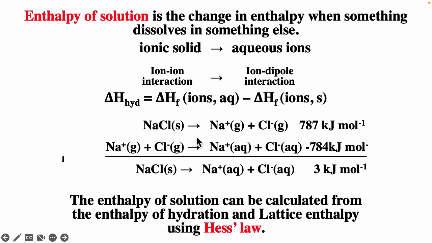Now if we add these two reactions, you notice the gaseous ions will cancel, and we'll get the sodium chloride solid going to sodium ions and chloride ions. If you add reactions, you add the corresponding delta H's. And so we get an enthalpy of solution for this mixture of 3 kilojoules per mole. And again, remember, Hess's law says that if you add reactions, you add the corresponding delta H's.